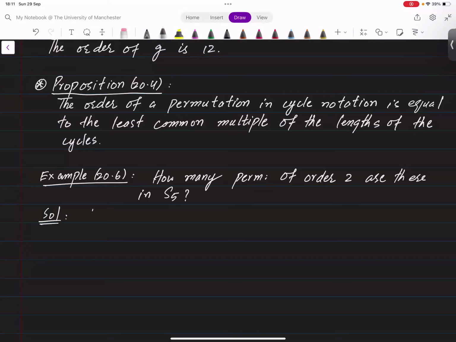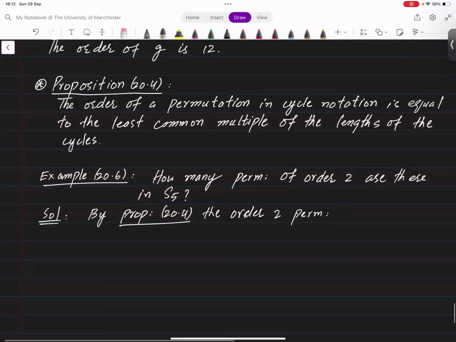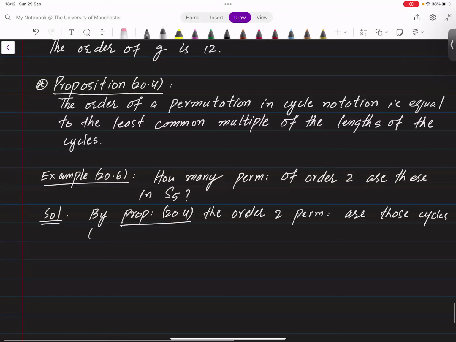By proposition 20.4, the permutations of order 2 in S5 are those with cycle shape 2 1 cube, or 2 square 1.